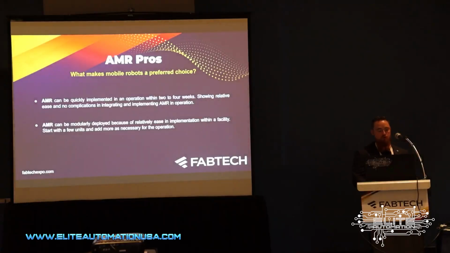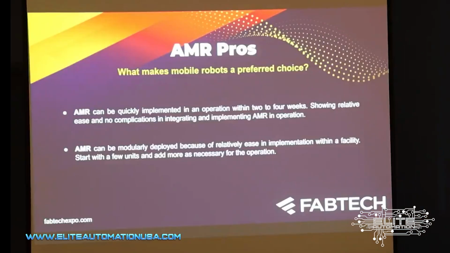So the pros to an AMR is they work without complications, right? They show up to work every day. They are able to perform their operation, and you don't run into issues with a system going down due to not being serviced by a fork truck. Let's say for instance you have a robotic palletizing cell.